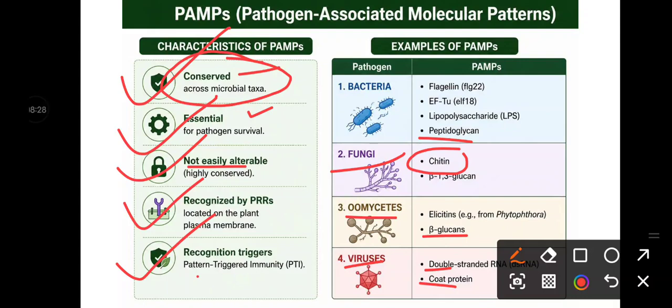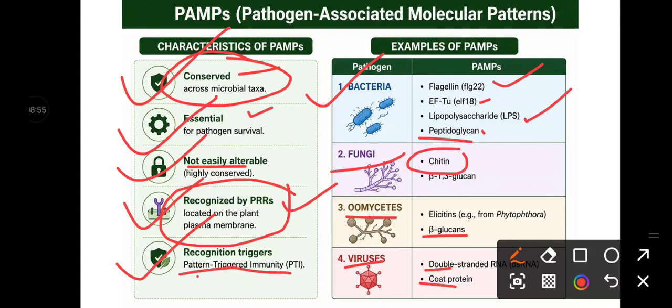So as we have already discussed, it is the PAMP molecule that is recognized by the PRR, the receptor molecules present on the plant, and it further activates pattern triggered immunity. Then examples of major PAMPs present in specific pathogens: like in bacteria, PAMPs are flg22, then EF-Tu elongation factor, then lipopolysaccharide, peptidoglycan.